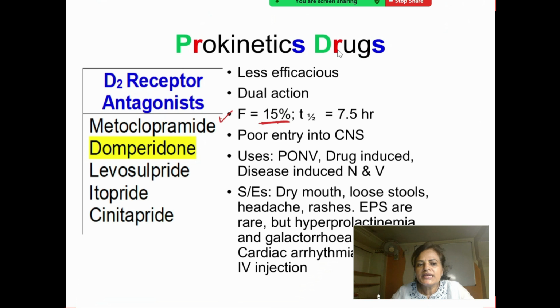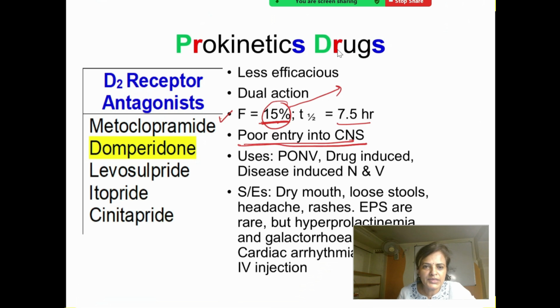So bioavailability is very low with domperidone, that is 15%. If any drug undergoes high first pass metabolism, that means before entering the systemic circulation, it gets metabolized in the liver. Half-life is 7.5 hours. It has poor entry into the CNS.